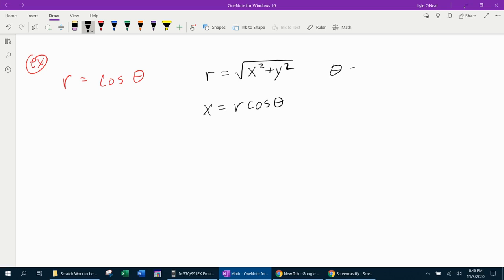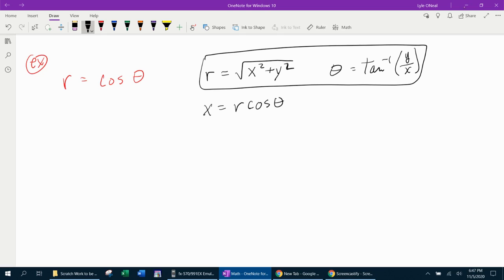But the other one that you need to keep on the back burner is theta is the inverse tangent of y over x. So make sure that you have these memorized or on your cheat sheet or get a tattoo, whatever you need to do to remember those. But for this particular problem, we're going to be making use of this formula and this formula.